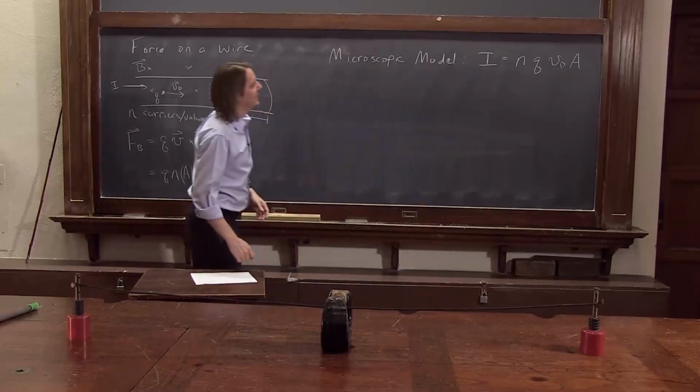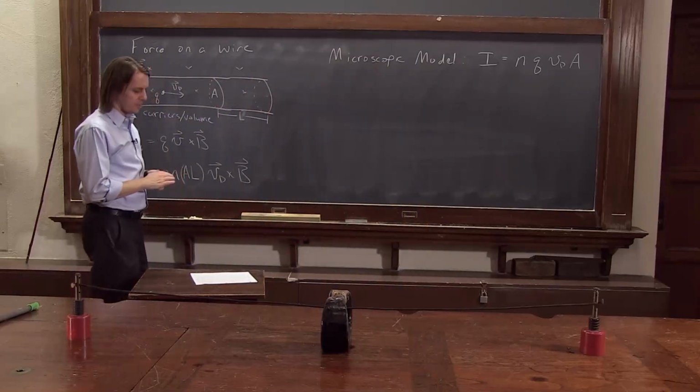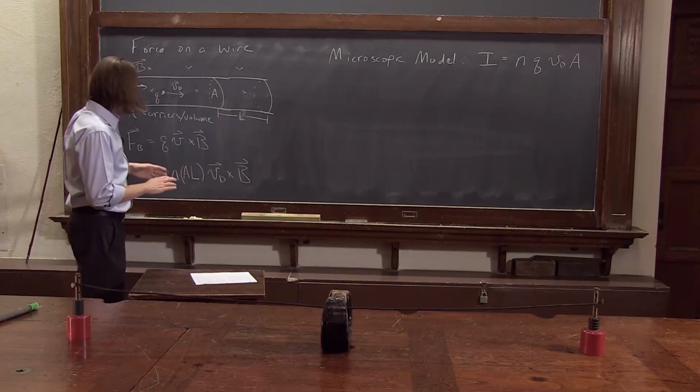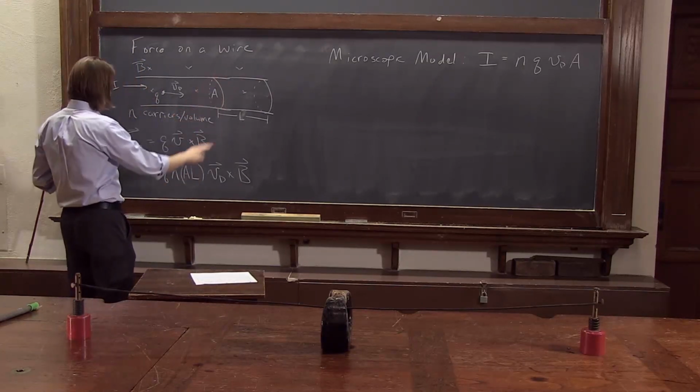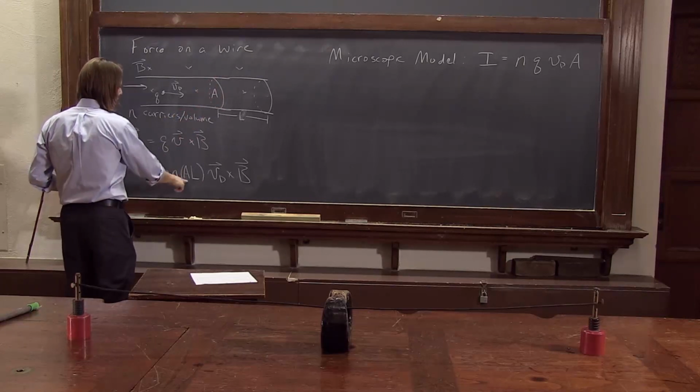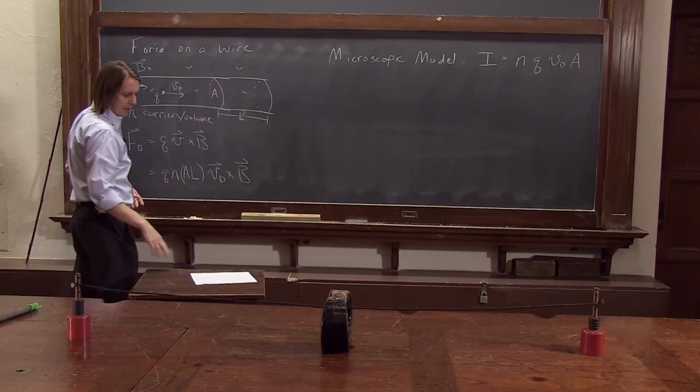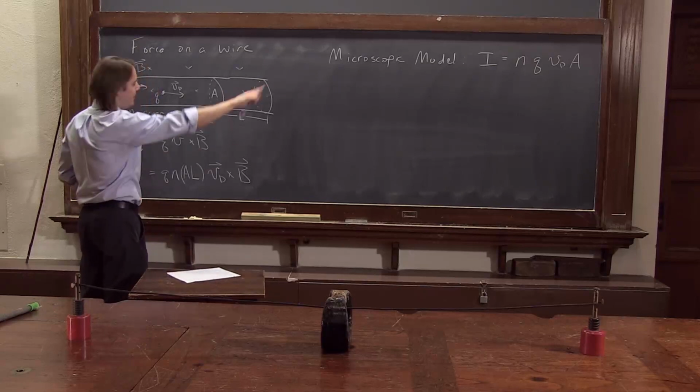We thought about that in LS5, I think it was. Most of that is sitting right here: n q A is all right there, and n vd is right there.